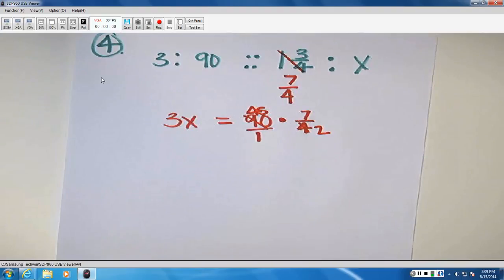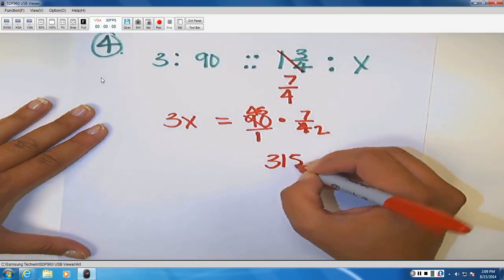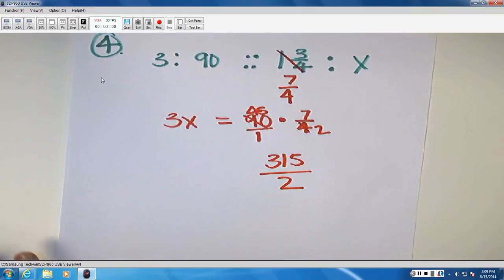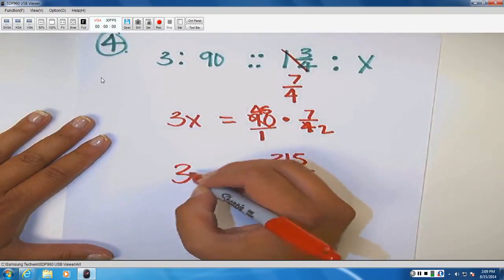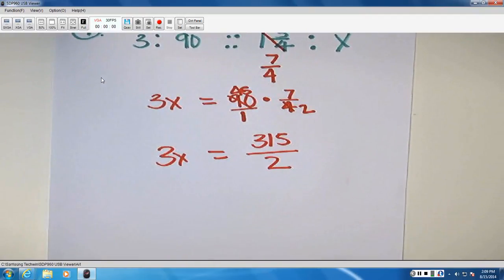So now I will just multiply straight across. So 45 times 7 equals 315 over 2. And that can't be reduced. So now I'm stuck with this equation: 3x equals 315 halves.